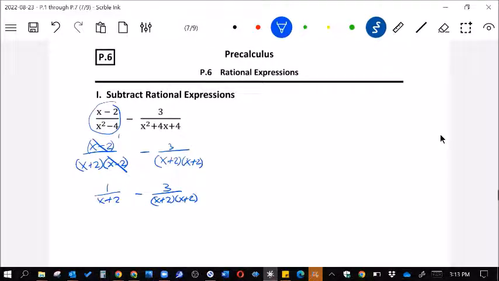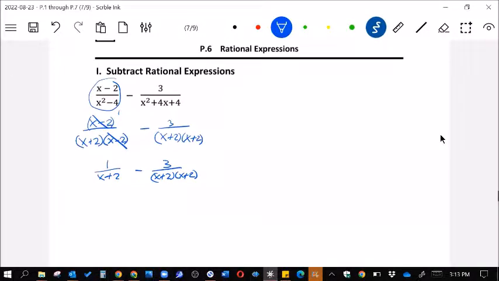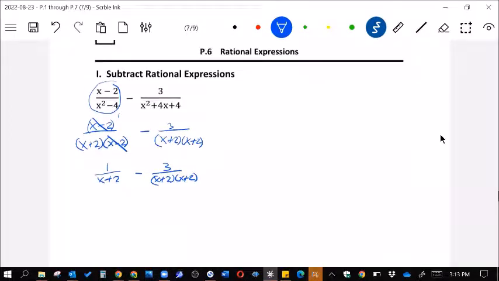We cannot add or subtract fractions without the denominators being the same. So that means I'm going to have to multiply this one by x plus 2 over x plus 2, and in parentheses, all this. So that gives me x plus 2 on the top. And here it was minus 3 and x plus 2's.